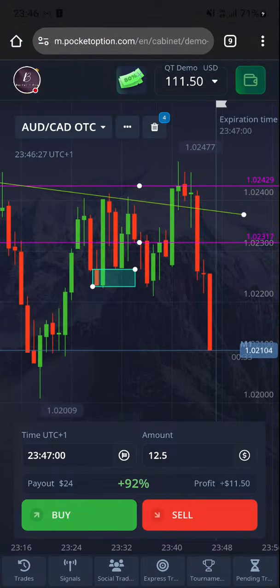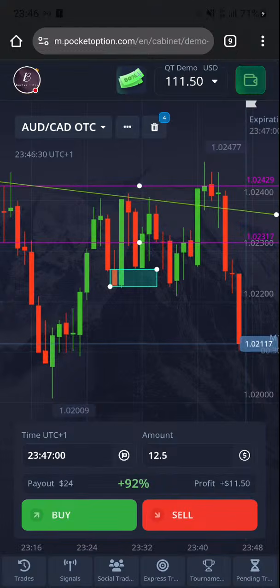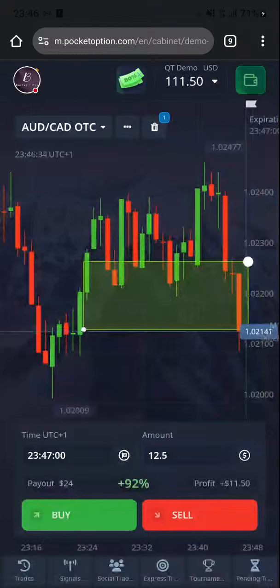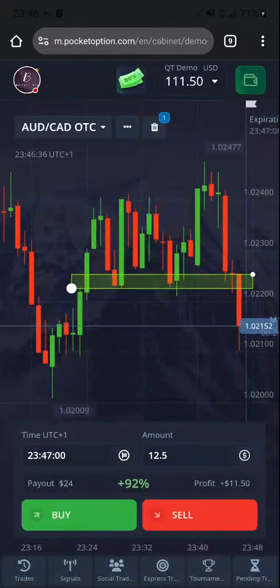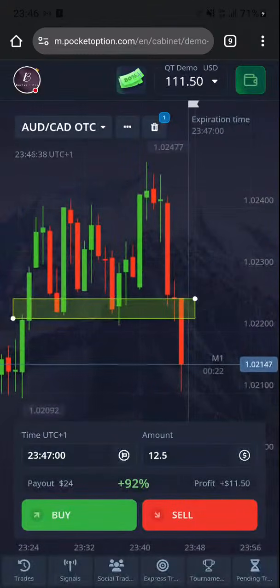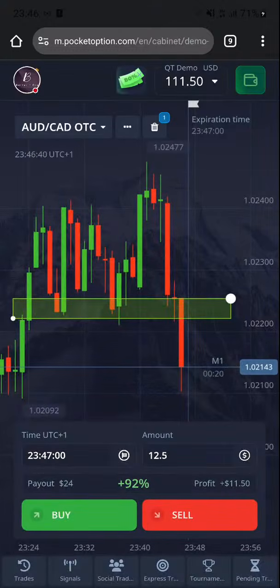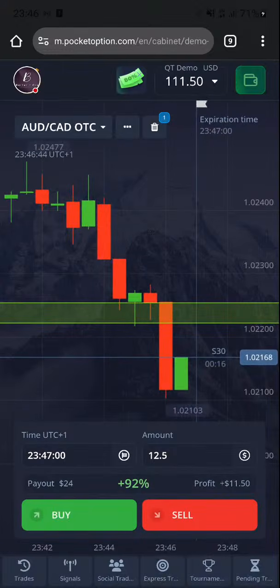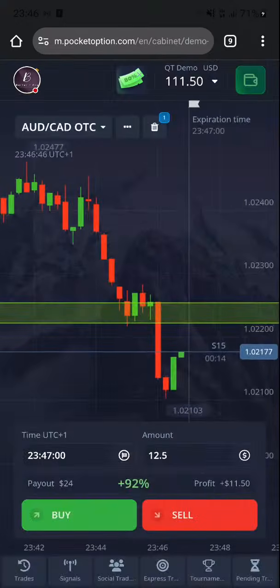You know what? We might have an opportunity here. So let me clear all this and let's mark this area. You see, if price comes back into this area, we may have a very good trade. So let's check. Okay, fine.